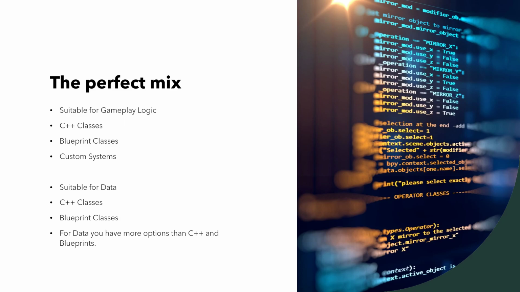However, there are much more systems that you can use for data saving, such as config files, data assets, tables, placed instances, custom systems like save games. And in the real world, a mid to large scale project uses a balanced dose of each. In fact, C++ and Blueprints are tightly coupled in Unreal Engine 4.